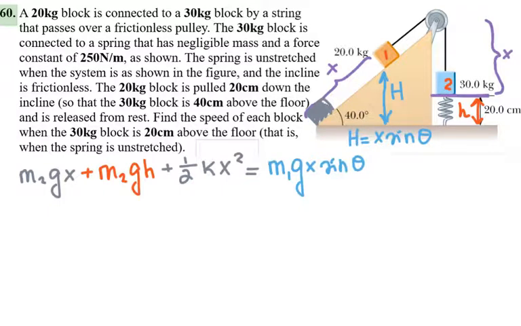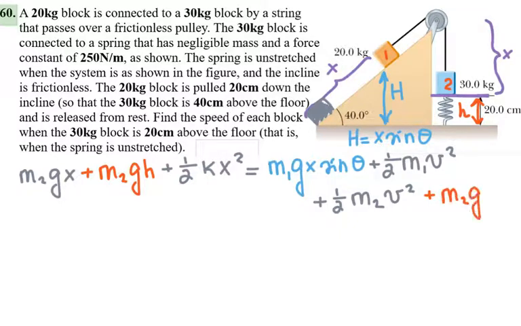Block 1 also has kinetic energy, 1/2 M1V squared. Block 2 has 1/2 M2V squared, and it is still at height H above the ground, so it has potential energy M2GH, with H being 20 centimeters.